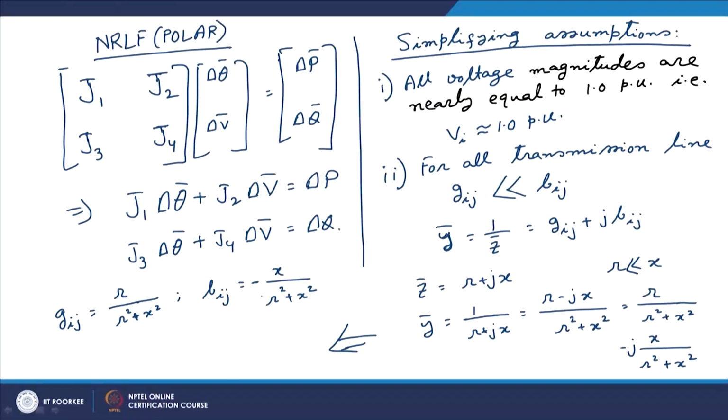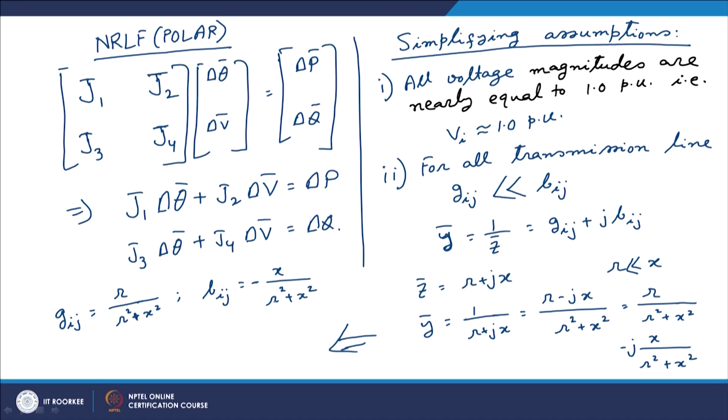Now from this, if we look at this expression Bij, r squared is quite less in per unit. Please note that all these calculations are being done in per unit.